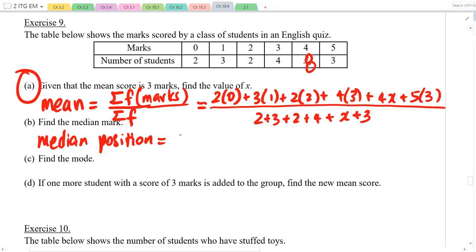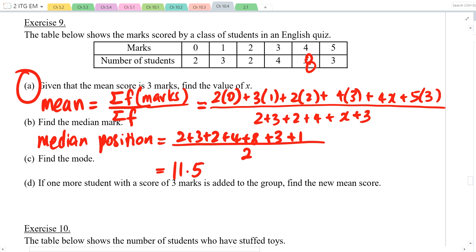22. Okay, let me count. 2 plus 3 plus 2 plus 4 plus 8 plus 3 plus 1 divided by 2. Okay, we must take the total number plus 1, then you divide it by 2. And what do we get? 11.5.